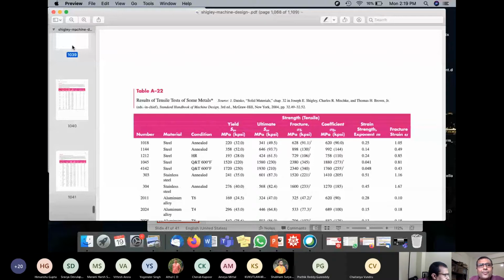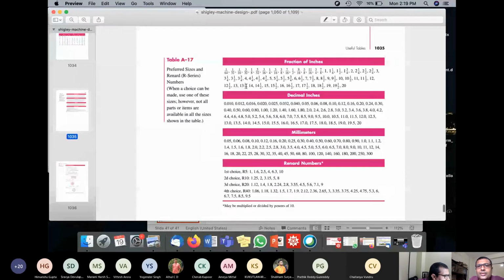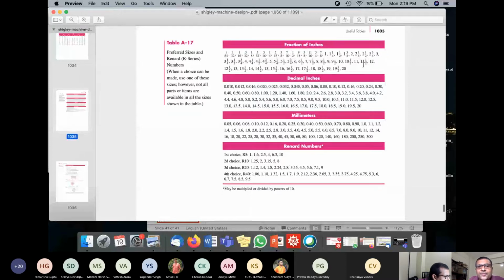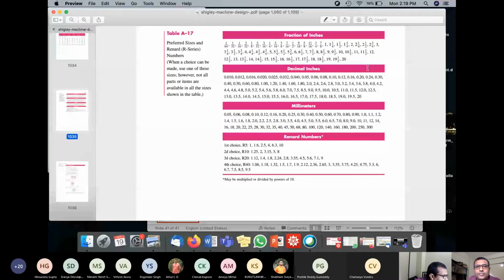So fastener lengths, if you want, the preferred sizes are in series, fractions of inches, quarter, half inches. So these are the sizes which you get.